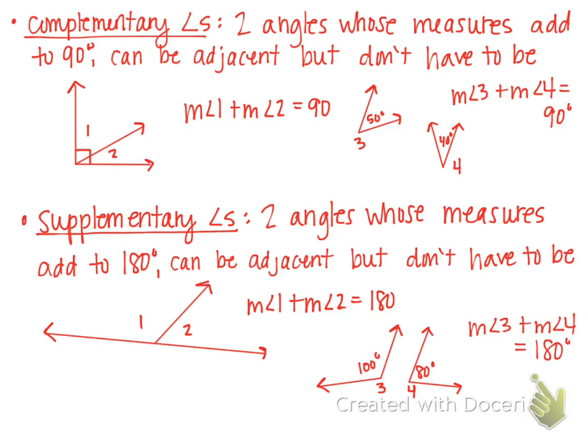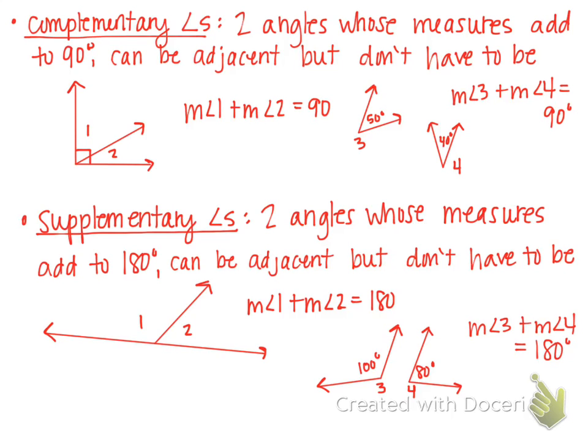Okay, so let's talk about complementary angles. Complementary angles are two angles whose measures add to 90 degrees. They can be adjacent, but they don't have to be. Now, I've got a set that are adjacent, which is this set right here, and I also have a set drawn that are not adjacent, which is right there. Remember, when we had this little box, that meant that we had 90 degrees.